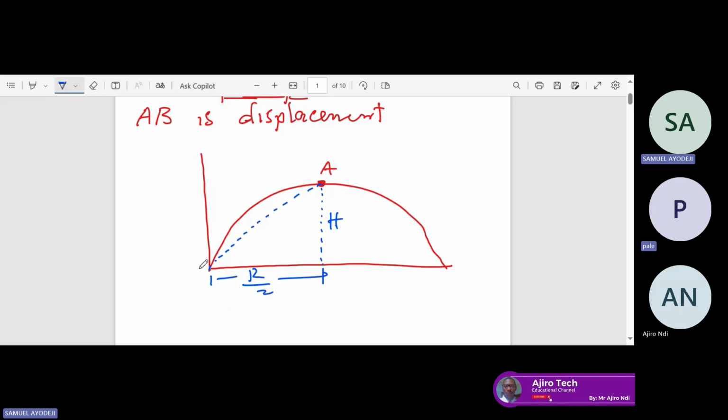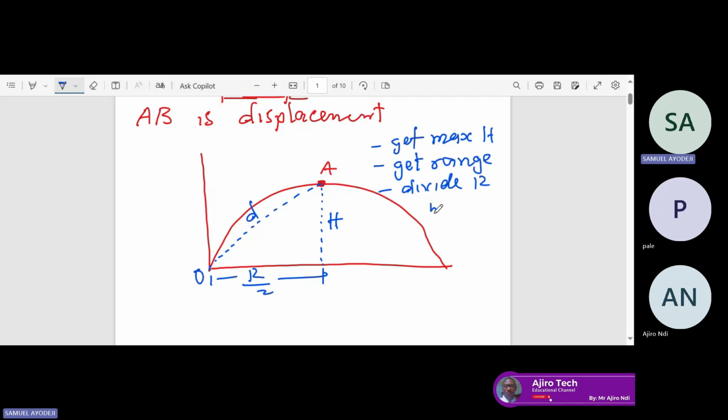You can call the displacement D. So first of all, get the maximum height, get the range and divide it by 2. The step here: get the maximum height. The next step: get the range, divide by two.